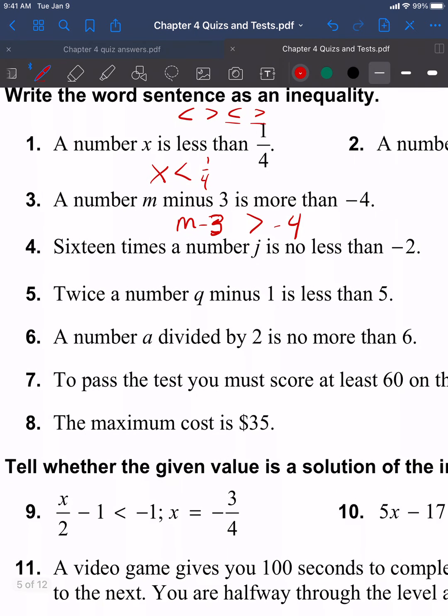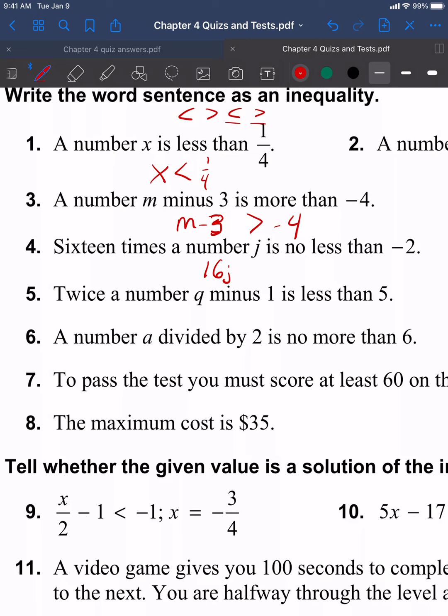Number 4. Oh, I keep reading these wrong. You see what I did? I just jumped down this line right there. 16 times the number j is no less than -2. How do you guys want to write that one? 16j. 16j, that means multiply, right?